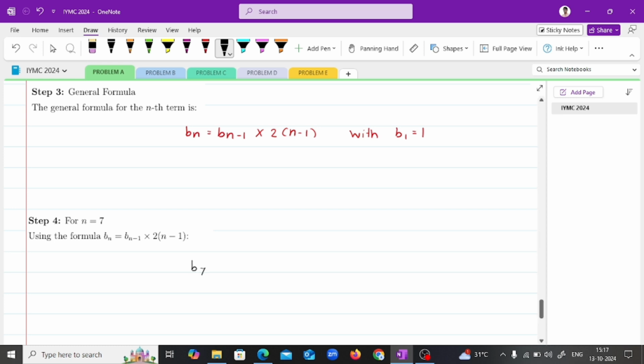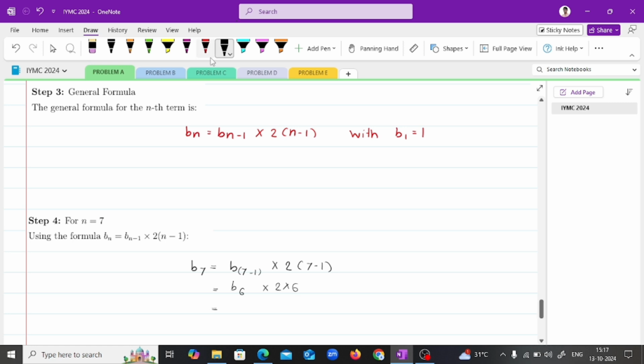So B7 is equal to what? B7 minus 1, I will give bracket to this, into 2 into 7 minus 1. So 7 minus 1 will be 6, right? So B6 into 2 into 6. B6 is actually what?